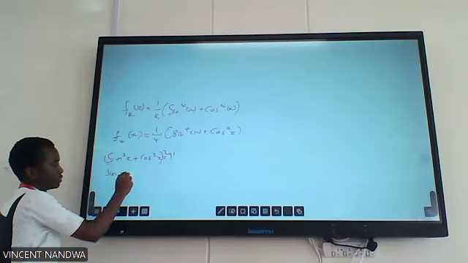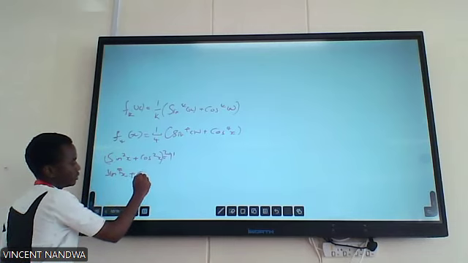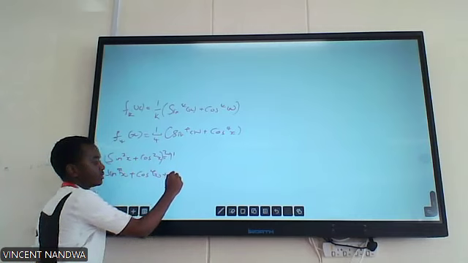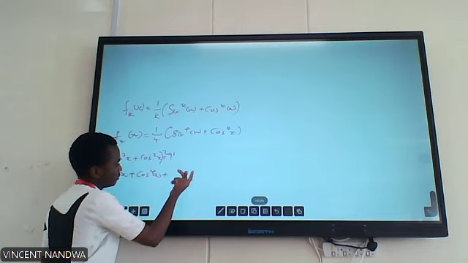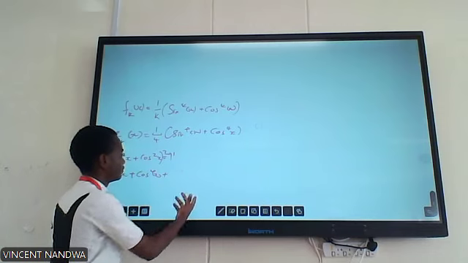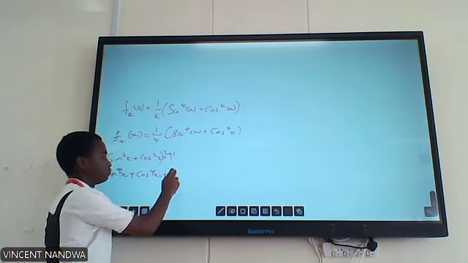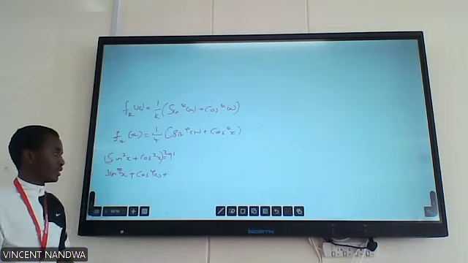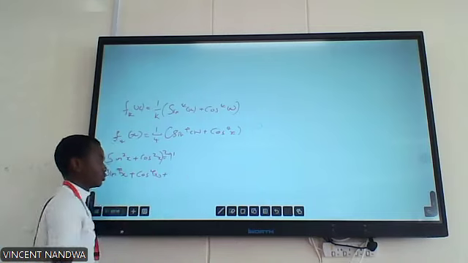Sine x to the power 4 plus cos x to the power 4 plus 2 sine squared x cos squared x equals 1.